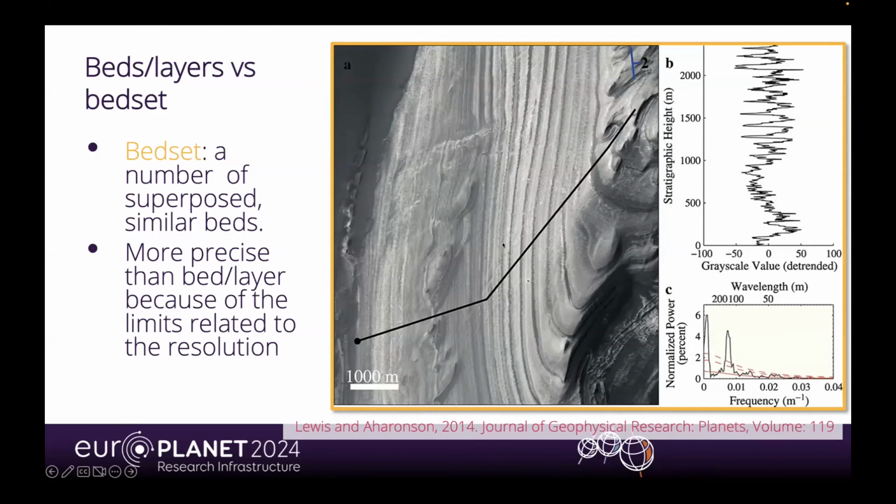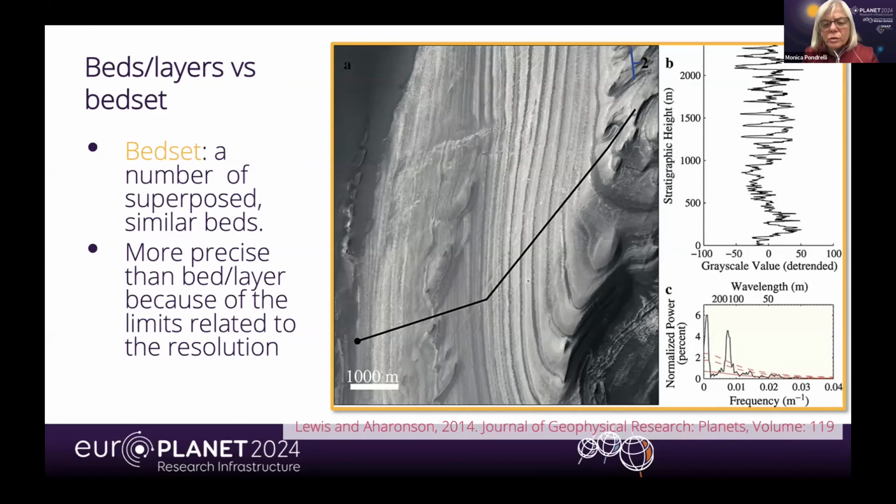If you look at this, for example, how can we be sure that this is not a single bed, but actually a number of stacked, superposed similar beds which are too thin to be observed at our resolution? Actually, there is no way to know that. So it would be technically more proper to speak about bed sets instead of beds.